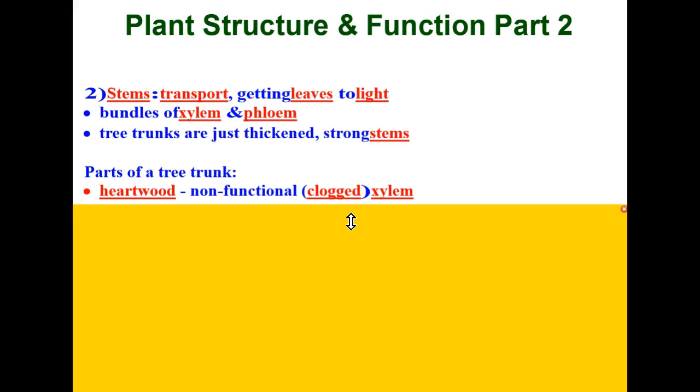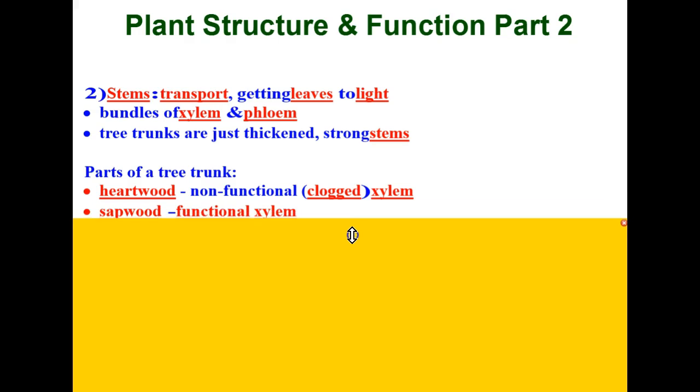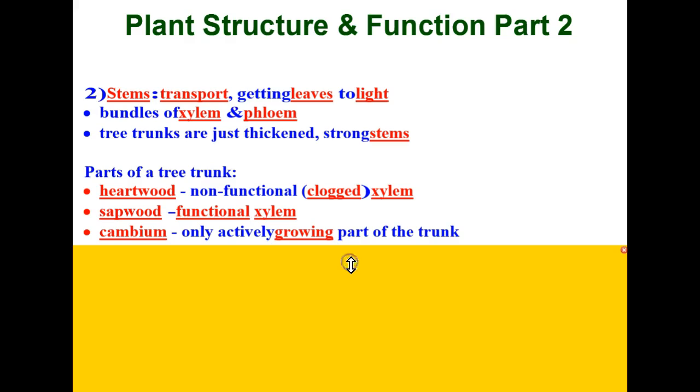We have what is called the heartwood, which is non-functional. The cells here are clogged and were once xylem cells. The sapwood, which was functional xylem. We have the cambium, which is the only actively growing part of the trunk.